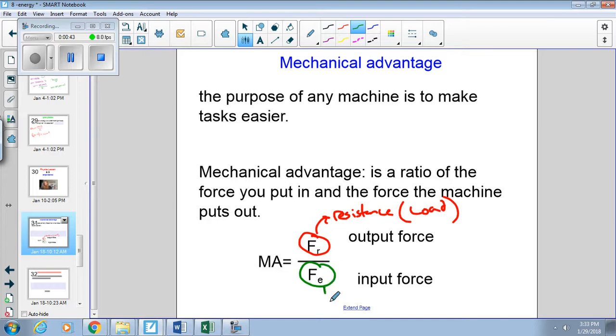Fe, that's your effort, also known as the input force. So that's how much you put in, this is how much the machine puts out. And it's all known as MA, or mechanical advantage.